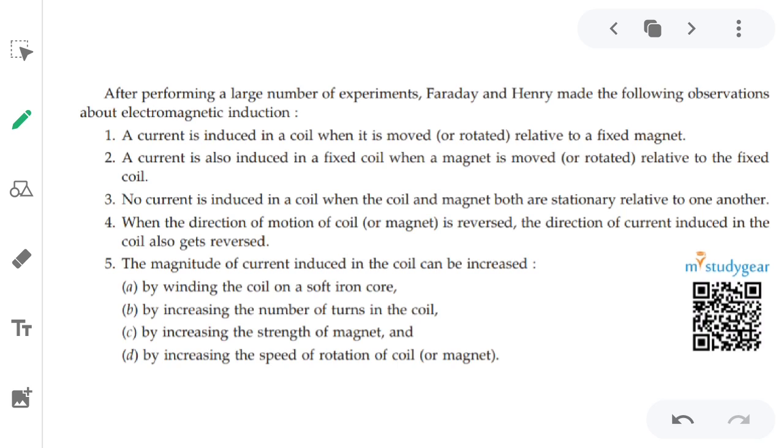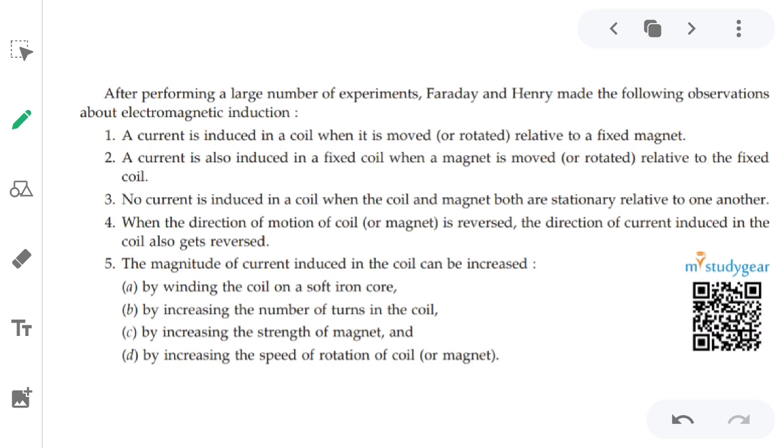So anyone has to move. There should be relative motion. If the relative motion is not there, current will not be induced. The fourth observation was that when the direction of motion of the coil is reversed, the direction of the current induced in the coil is reversed. As soon as you change the direction of motion, the induced current direction also changes.